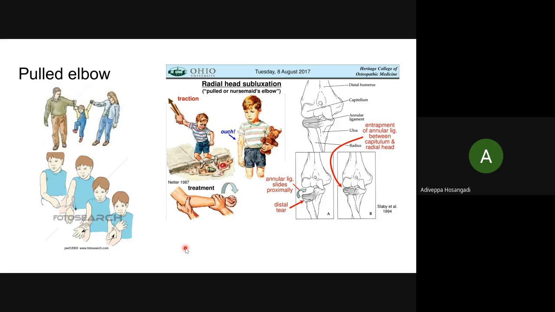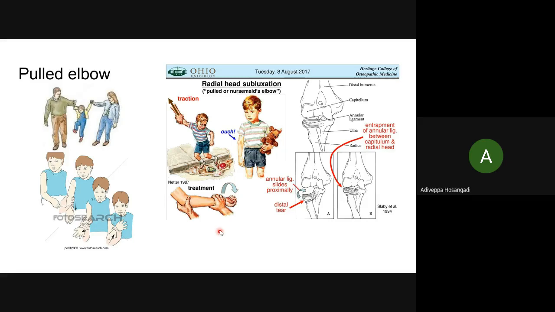Pulled elbow, also called nursemaid's elbow. So what happens? It is a subluxation of the radial head out of the annular ligament. How does it happen? You generally see children below 1 or 2 years: you hold them by the hand and revolve around, or the parents lift the child holding the wrist.